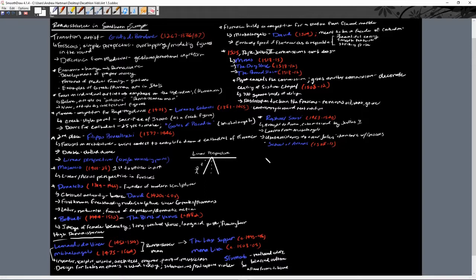And then another piece of art he creates is the Sistine Madonna, which he makes from 1513 to 1514. Man, the early 1500s were just popping off for the Renaissance. It creates an enduring image of the Virgin Mary. He's considered the master of the depictions of the Virgin Mary, the Madonna, the mother of Jesus.